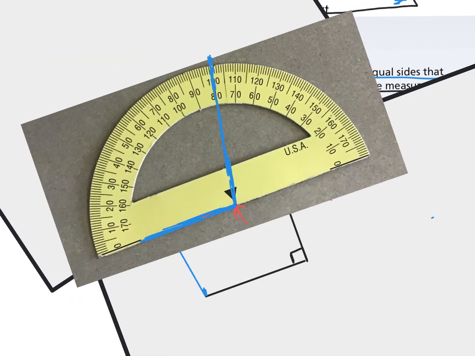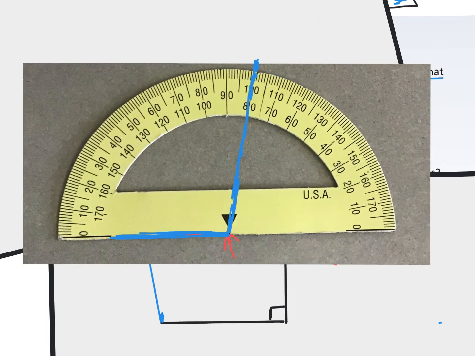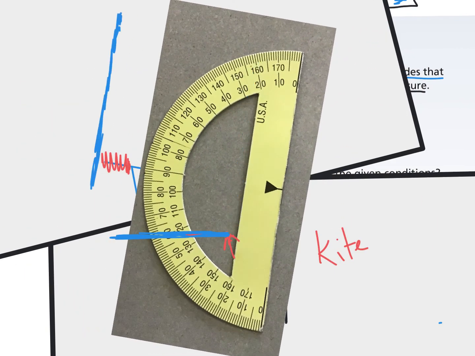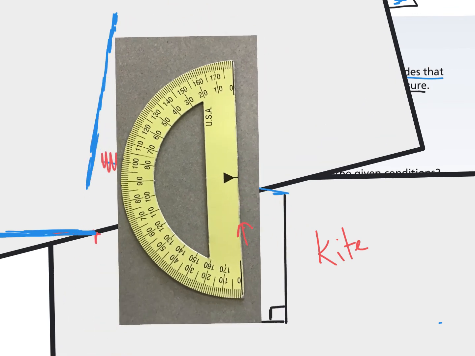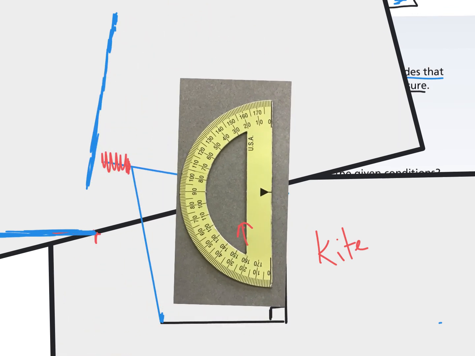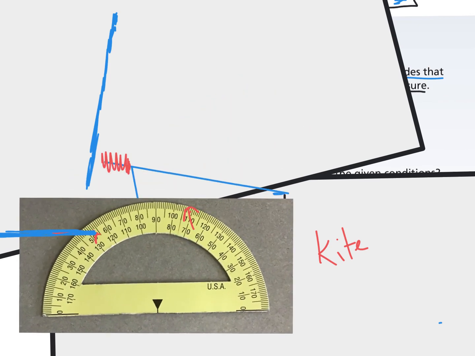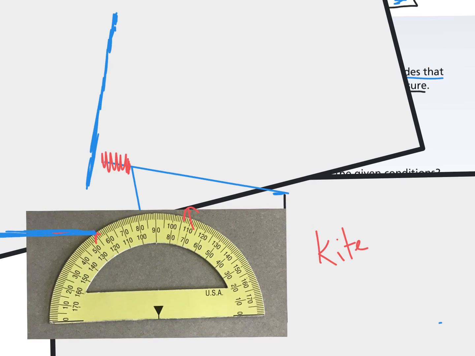And for this one, you would be coming from a different spot. So you'd be coming from over here to measure that 100-degree angle, and then also over here to measure your other 100-degree angle.